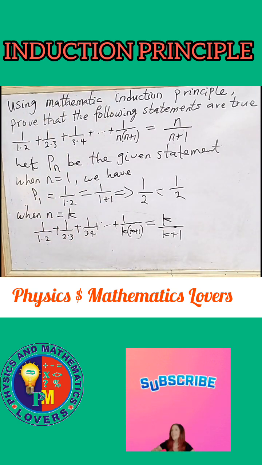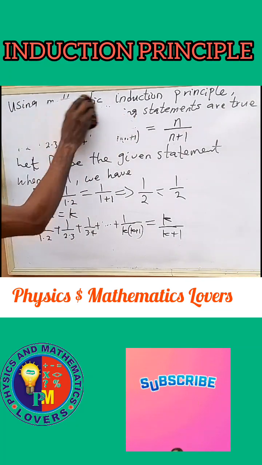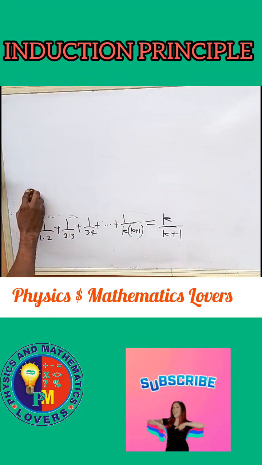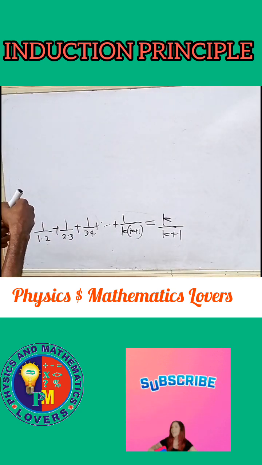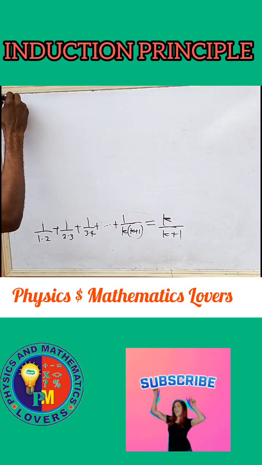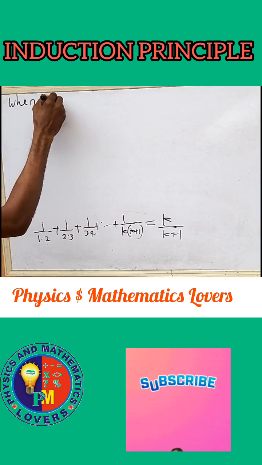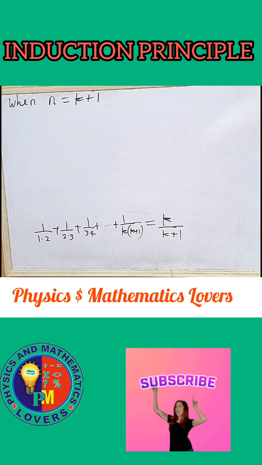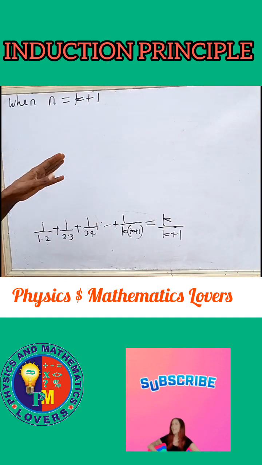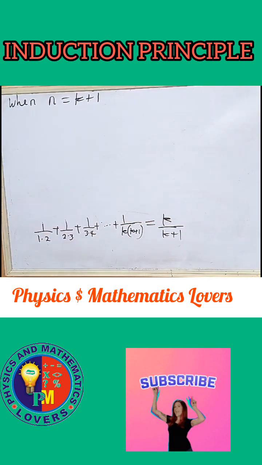Therefore, we move further to the last step, the inductive step. We say, well, when n equals k plus 1, we are going to plug it into the formula of the expression or the statement that we want to check.